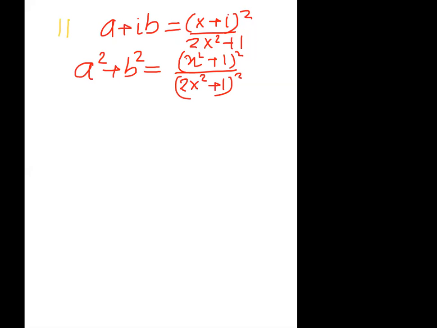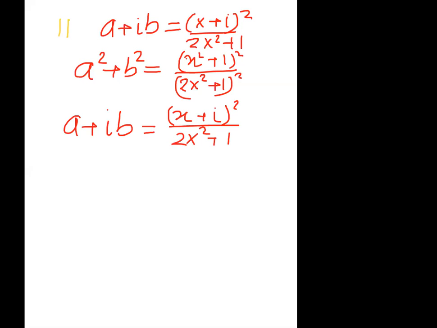See, whenever we need to do such questions, what is the main thing which we need to keep in our mind? a plus ib equals (x plus i) whole square upon 2x square plus 1.